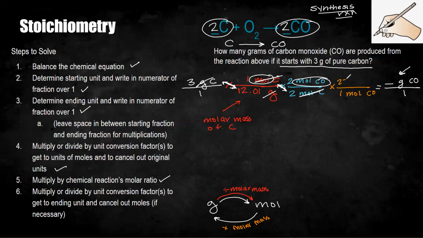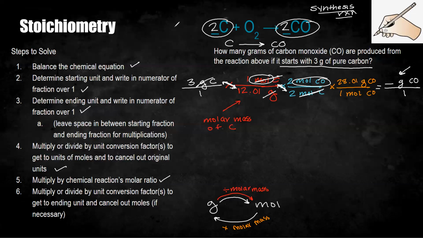Which is 28.01 grams CO. Okay, so again, all I did to find that molar mass is add the molar mass of carbon with the molar mass of oxygen. Molar mass of carbon is 12.01. I rounded up the molar mass of oxygen to 16 to get 28.01 grams of carbon monoxide.